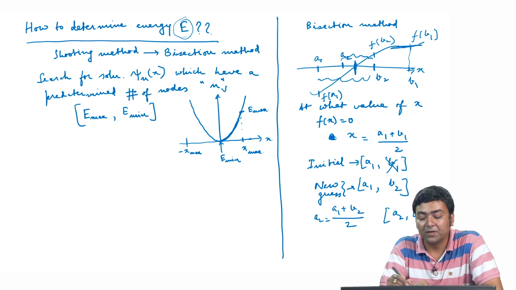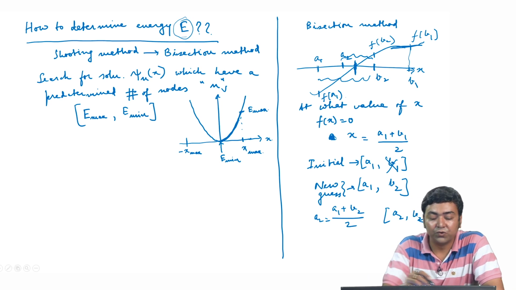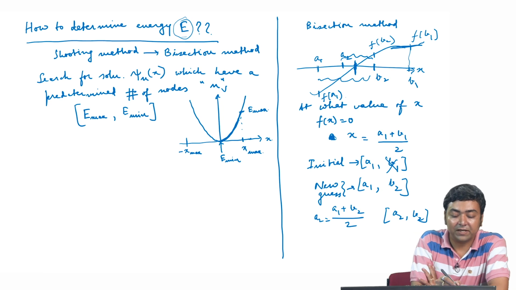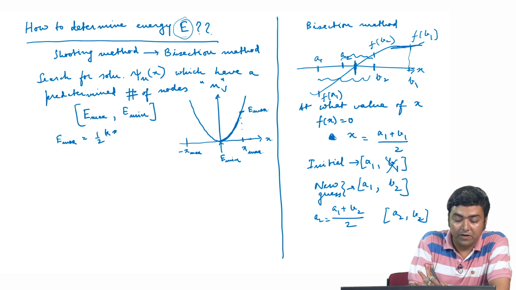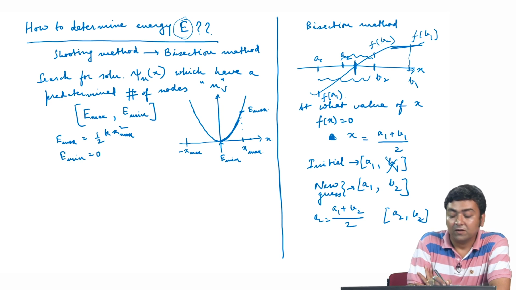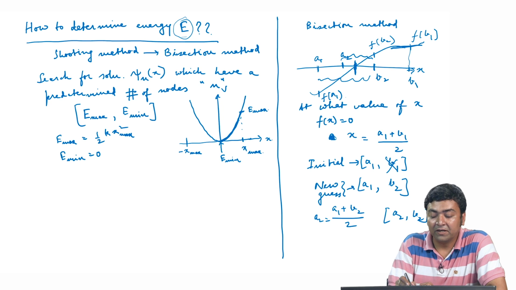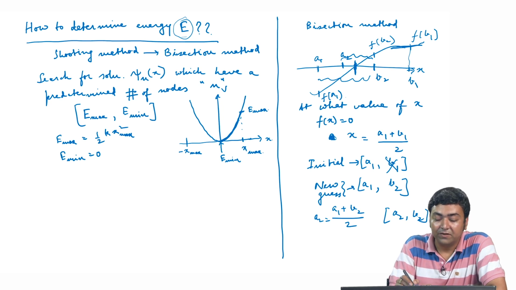So, E max will be half k x max square, and E min I will choose to be 0, because my eigenvalue will definitely lie between these 2 points.